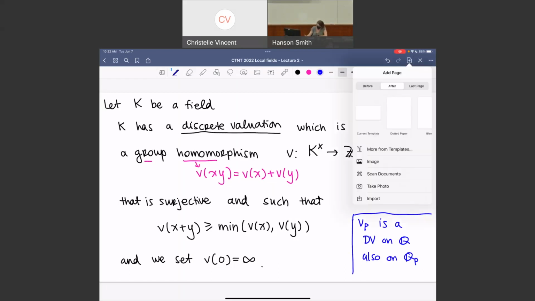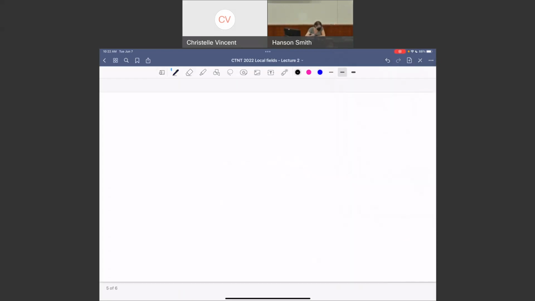And then just from this data of a field and valuation, we can define a set A inside of K, which is all x in K such that the valuation of x is greater or equal to 0, right? The good numbers, the ones that we at least do not dislike.